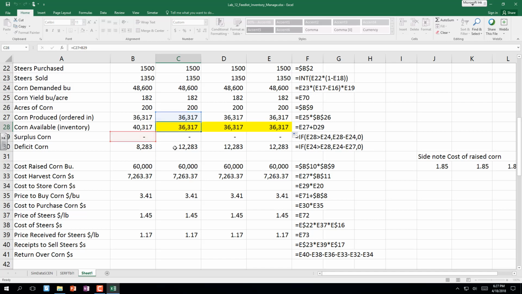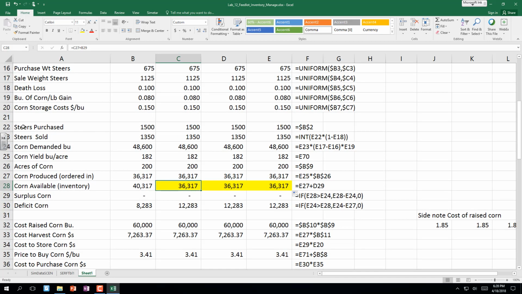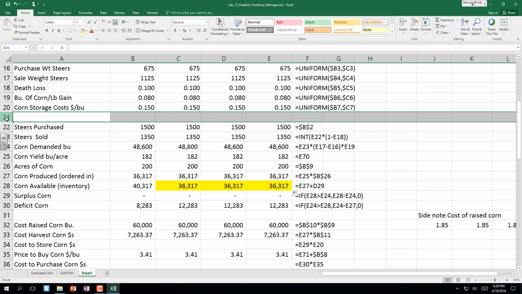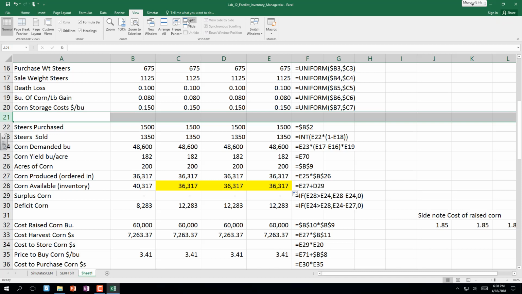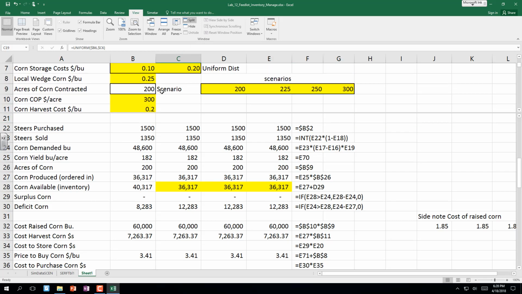Now, before we go any further, I'm going to come back up here and I'm going to try to split my screen here with that view split. Okay, everyone do that? And I'm just going to change that number right there, just for a few minutes.